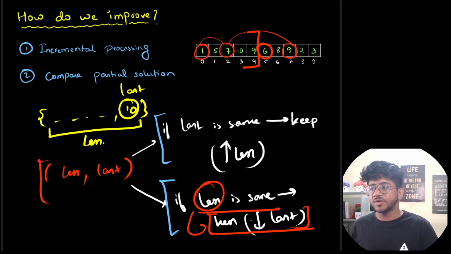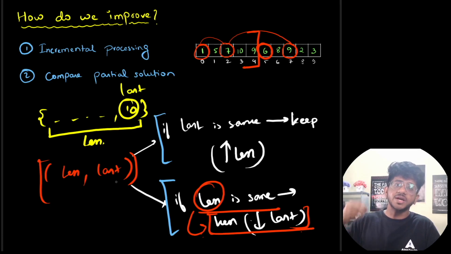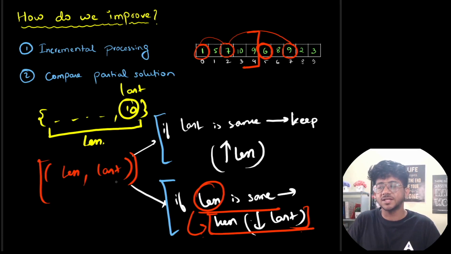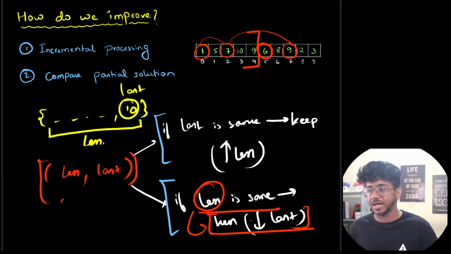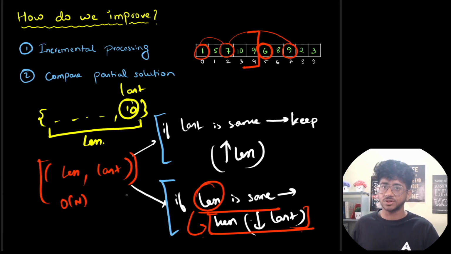So the number of different valid subsequences that we need to consider is actually going to be order n only. In fact, for every length there will be only one that is currently the best, and we have to keep track of only that. And for a single last, you'd have a single length only. So for every length we have a single last.